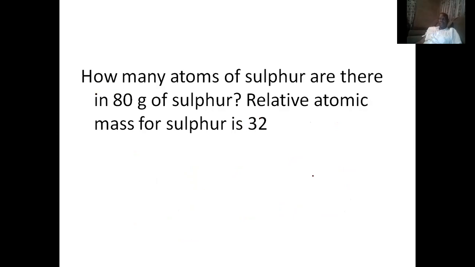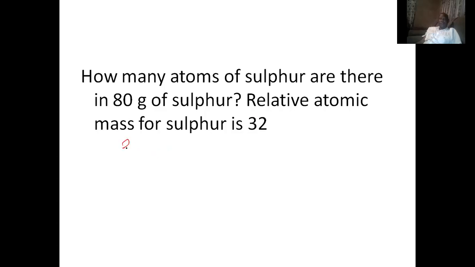How many atoms of sulfur are there in 80 grams of sulfur? The relative atomic mass for sulfur is 32.